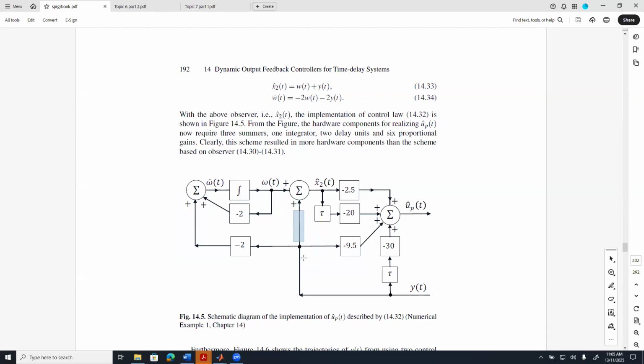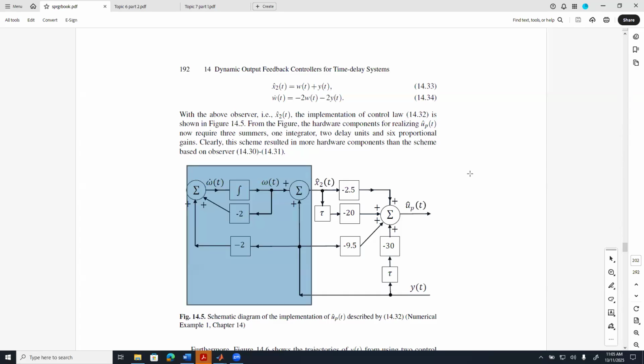Okay. And then to realize this dynamics equation here, we have omega dot equal to minus omega t, and it's minus 2. We have to integrate it, and then we also have to add in that minus 2y of t in there. So this section here is the realization of x hat 2 of t.